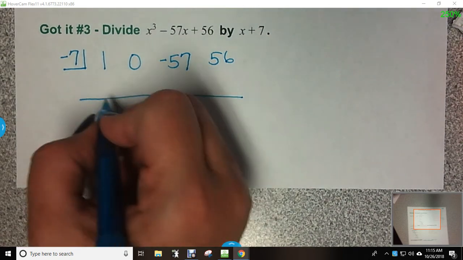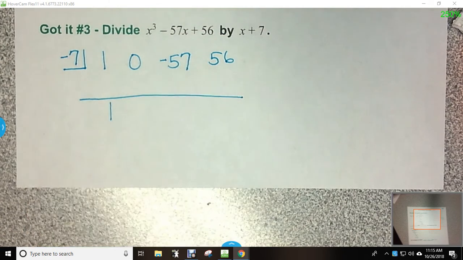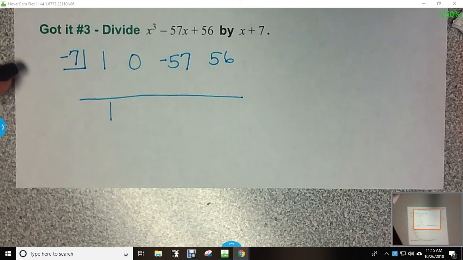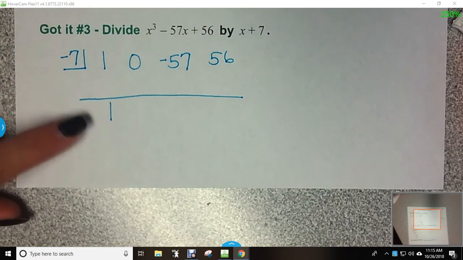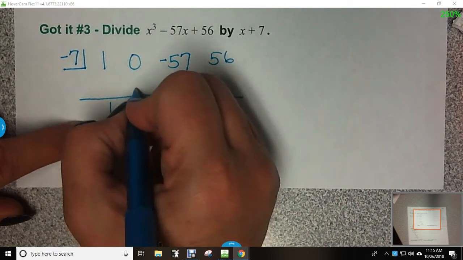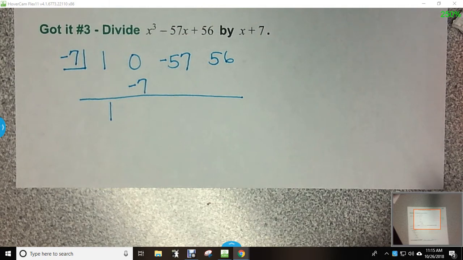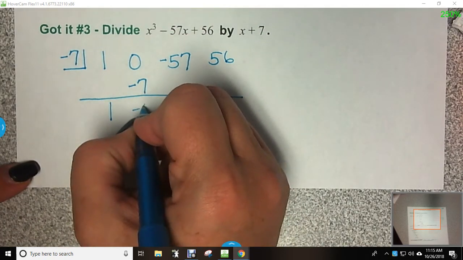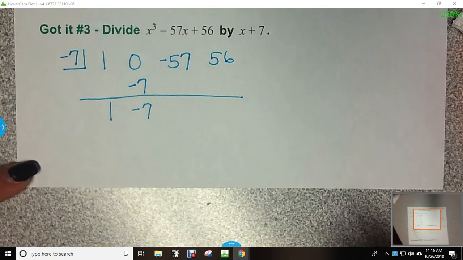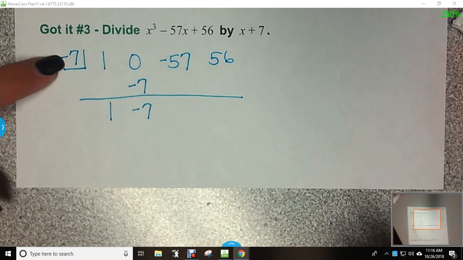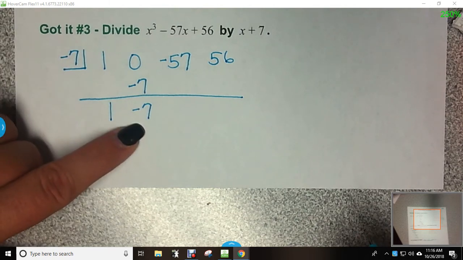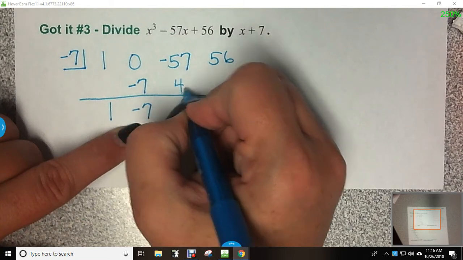Okay, so start out, bring your 1 down, and then you multiply the box times the number underneath, and that is negative 7. Add that column together, gives me negative 7. Multiply the box times the new number underneath, gives me 49.